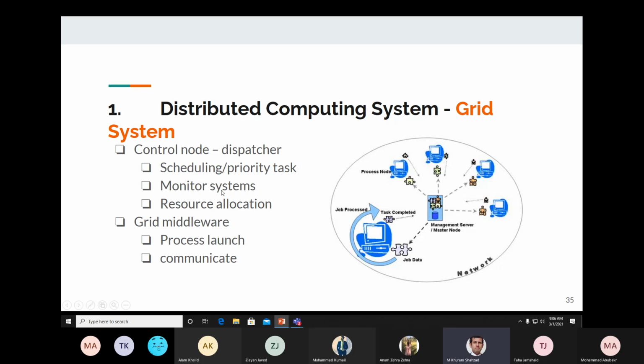So the control node's functions are scheduling or prioritizing tasks, monitoring the system's overall performance and quality, and resource allocation. If there are three computing resources located in the US, China, and Pakistan, would it be better to send a task to the US server, or to process it locally?